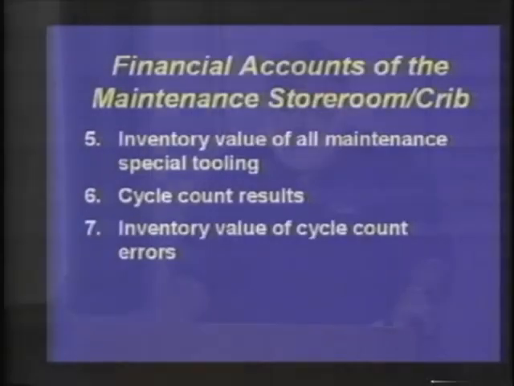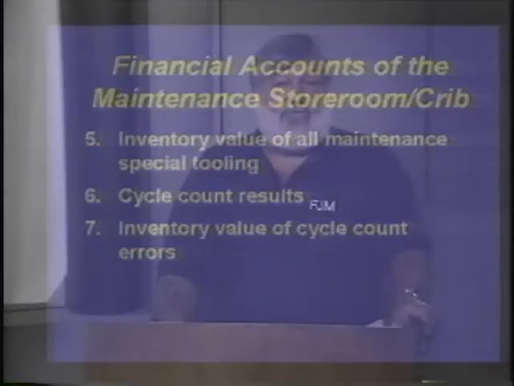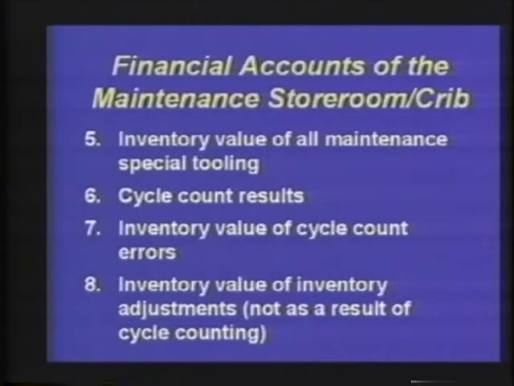Item number 7 is the inventory value of the cycle count errors, and those would be represented by financial adjustments to the inventory records. Item number 8, the inventory value of inventory adjustments not as a result of cycle counting. And we may have inadvertently issued some material and didn't record it and report it.